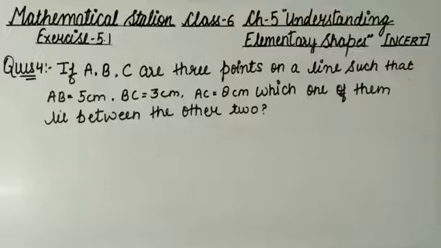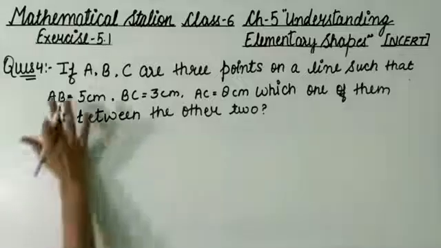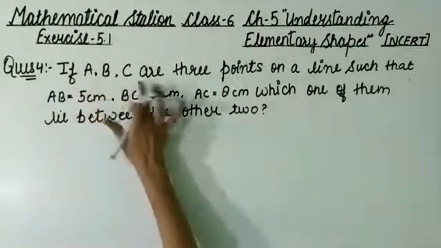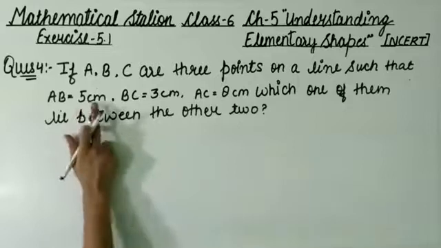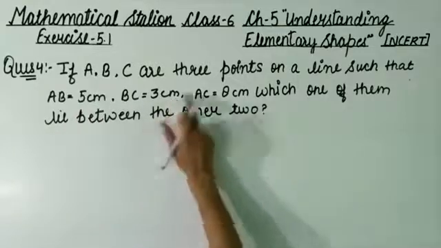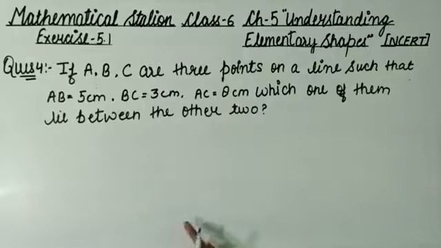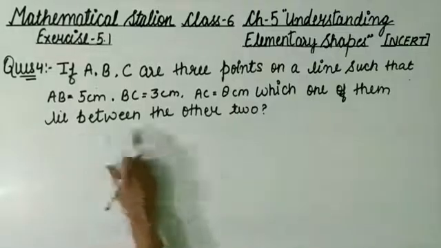Now, student, our fourth question of first exercise is: if A, B, and C are 3 points on a line such that AB equals 5 centimeter, BC equals 3 centimeter, AC equals 8 centimeter, then which one of them lies between the other two?